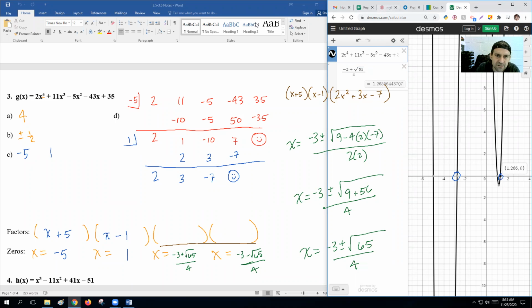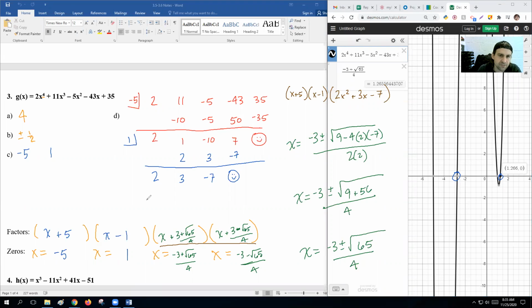All we need to do to write that as a factor is just change the symbol in front. So if it's x minus, we're going to put x plus 3 plus radical 65 over 4. And then x plus 3 minus radical 65 over 4. Actually, that's not quite right, but it's good enough.